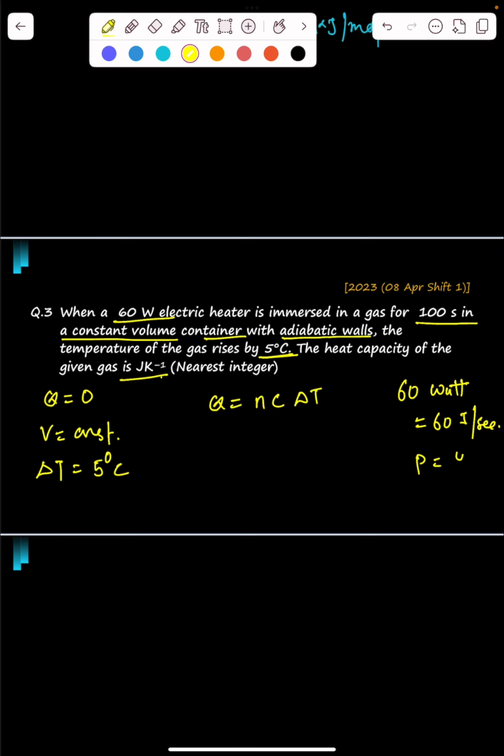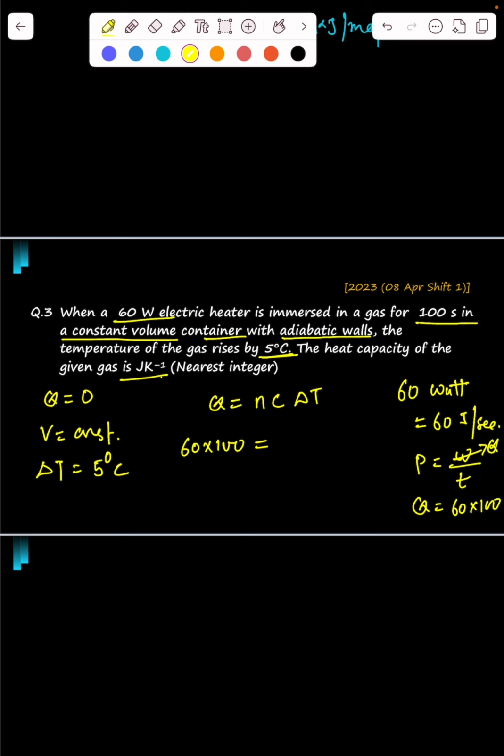Power is equal to W by T, और W को हम Q heat write कर सकते हैं, so W is equal to 60 into 100 seconds is given, right? So we got Q, 60 into 100, would be equal to, okay, we are assuming since mass is not given, that it is only for 1 mole. So that is the molar heat capacity.